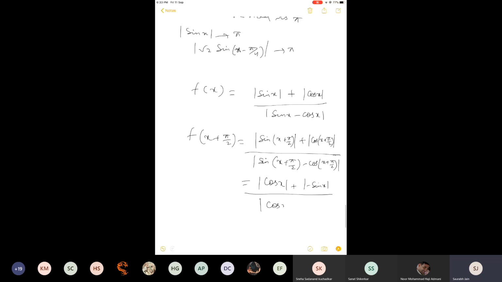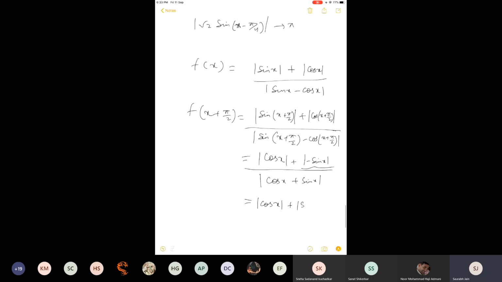What exactly happens? The function is not coming the same. I can get rid of this minus sign, keeping the modulus, because mod x and mod of minus x are the same. But I cannot make the denominator the same. So it is not equal to f x. That means pi by 2 is not the period. Pi will be the answer. B will be the answer.